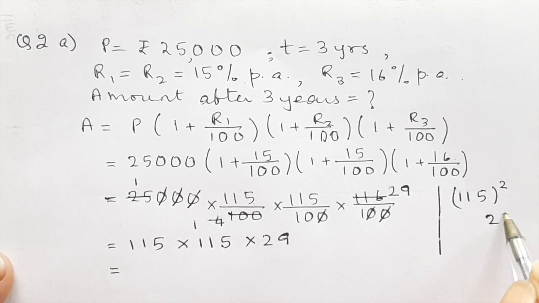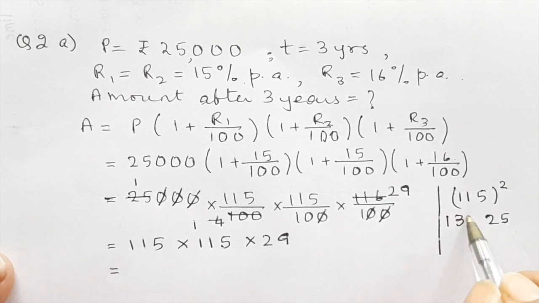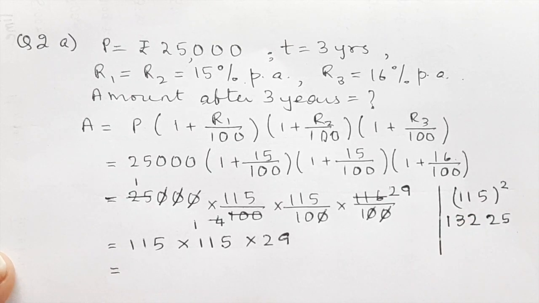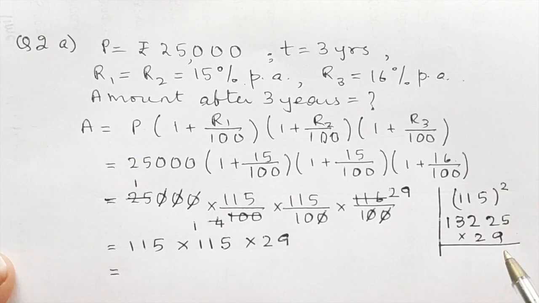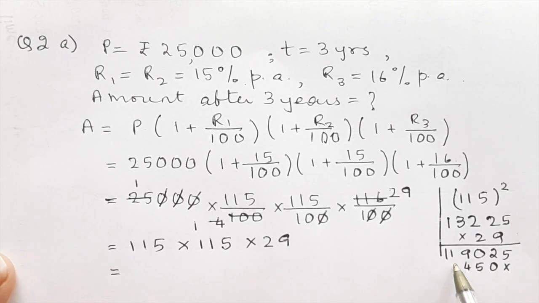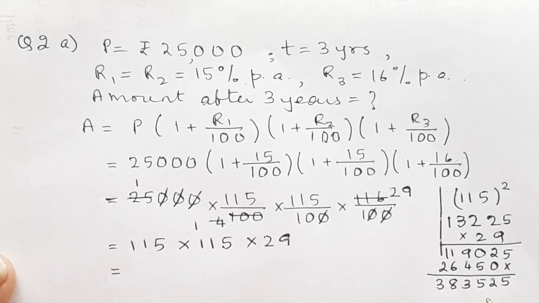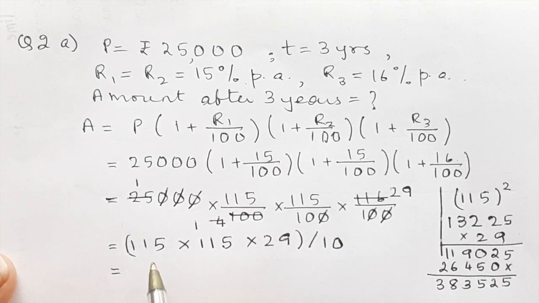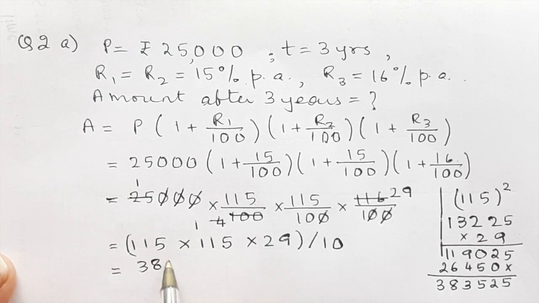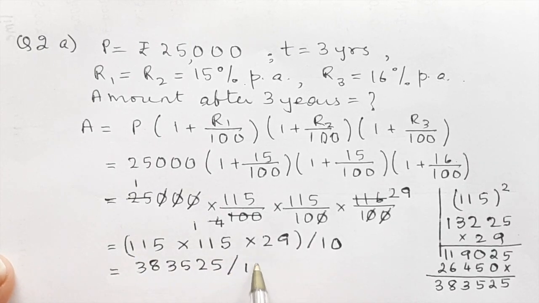So here we will have 25 and 12 into 11 is 132. So 13225. And this will have to be multiplied by 29. So we will multiply by 29. So we have 383525 and this is upon 10.